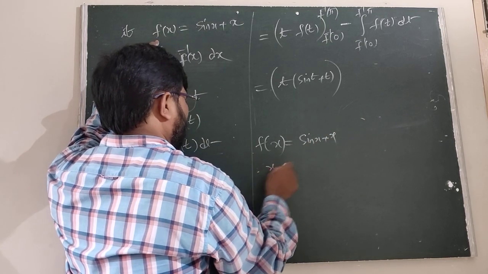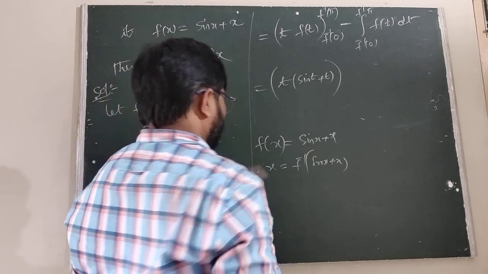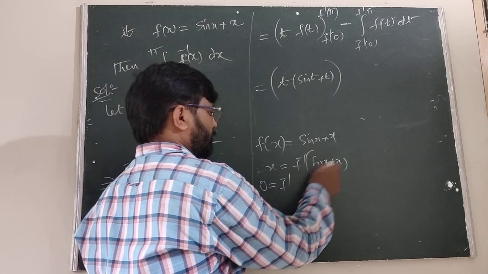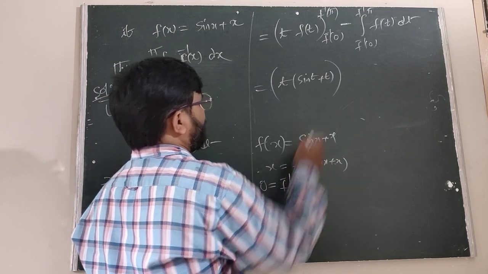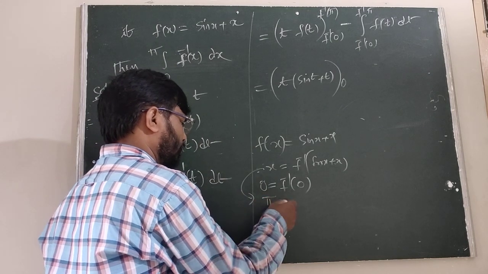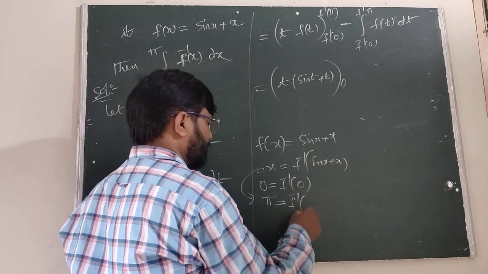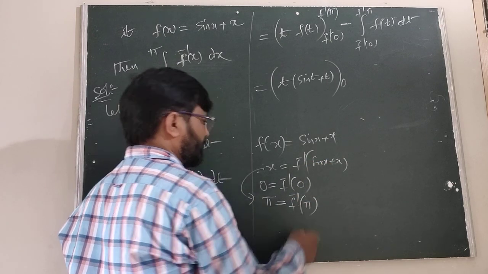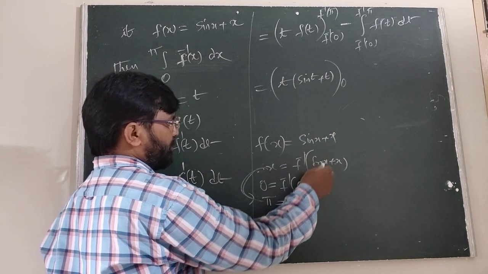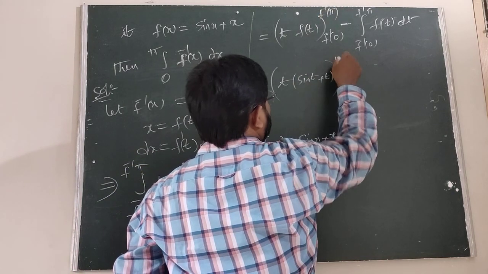When we take x equal to 0, f inverse of sin 0 plus 0 is 0, that means f inverse of 0 is also 0. When we take x equal to pi, f inverse of sin pi, sin 180 is 0, 0 plus pi is pi. Therefore f inverse of pi is also pi.